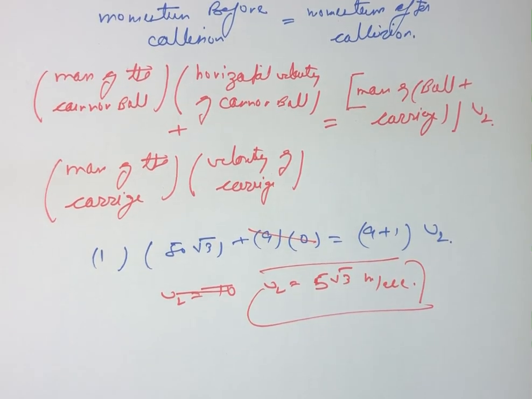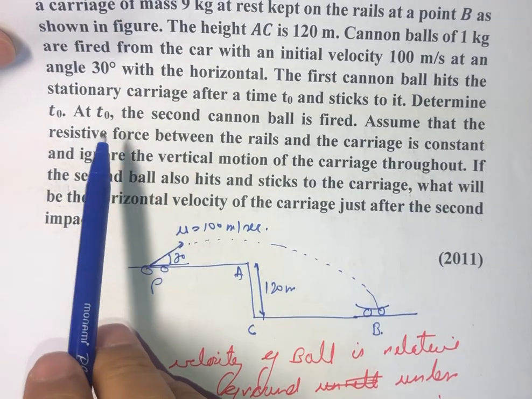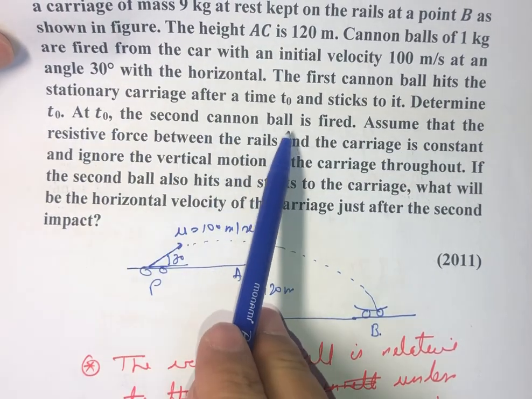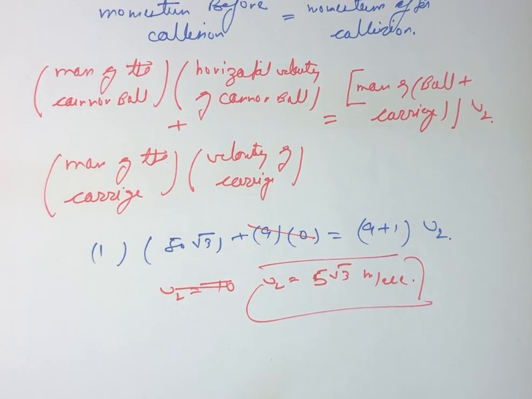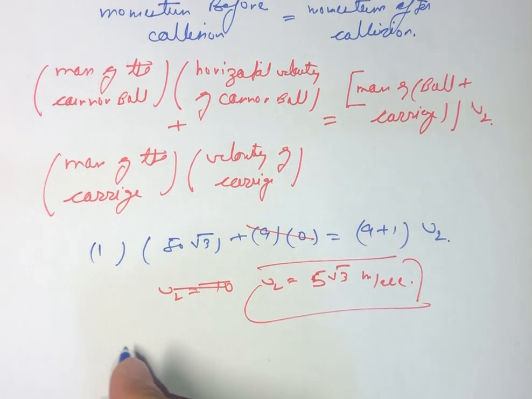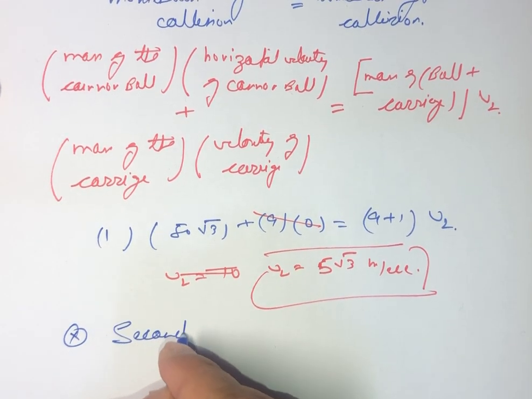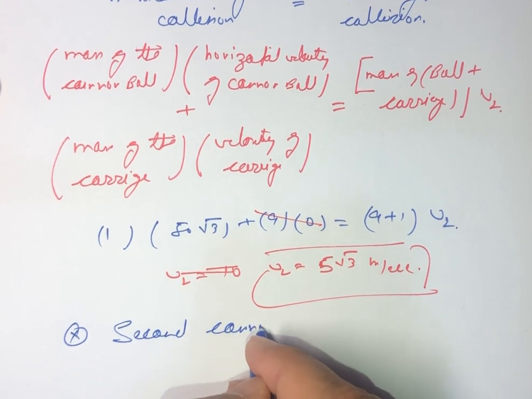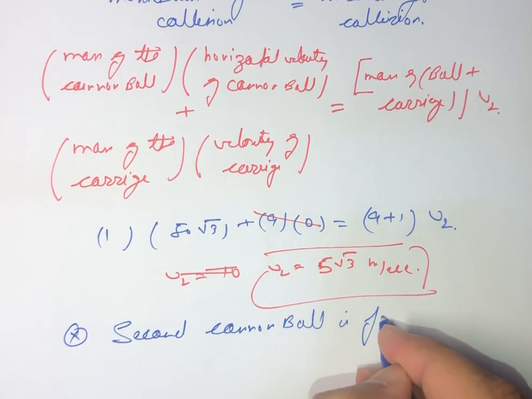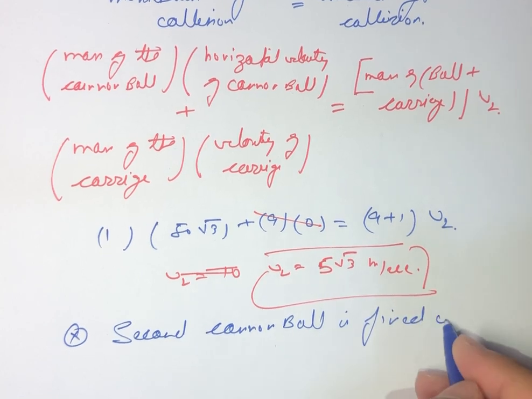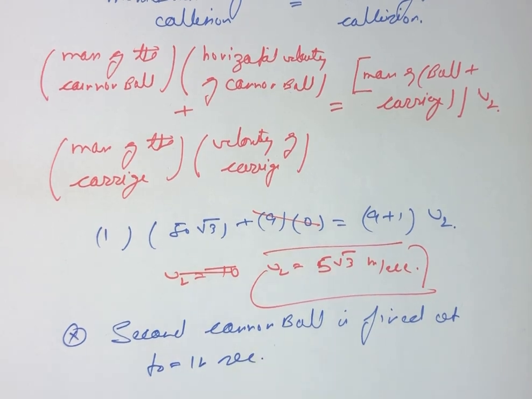Now it is given that the second cannonball is fired at t naught, which is equal to 12 seconds.